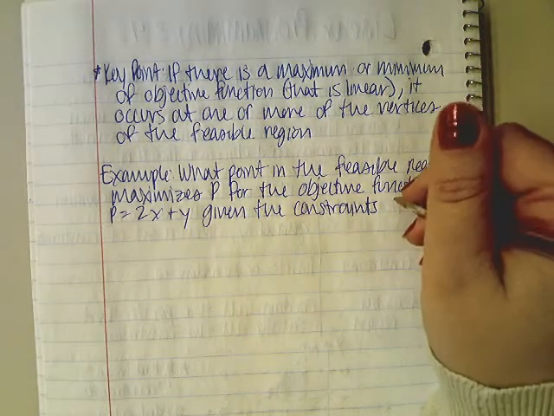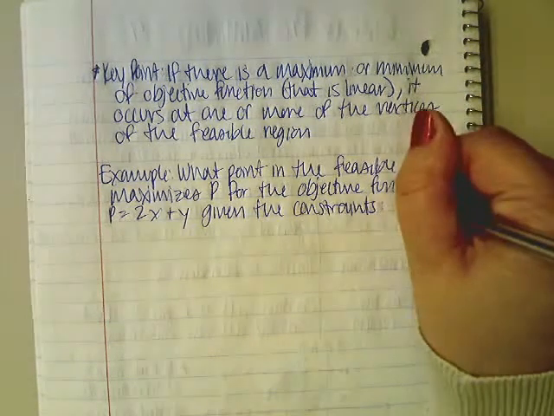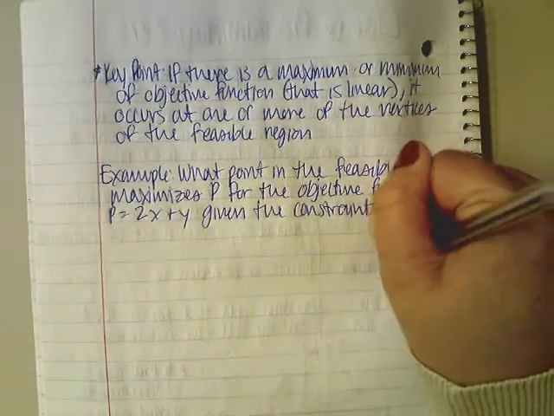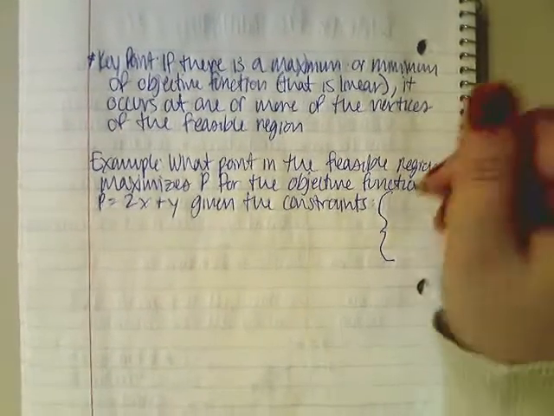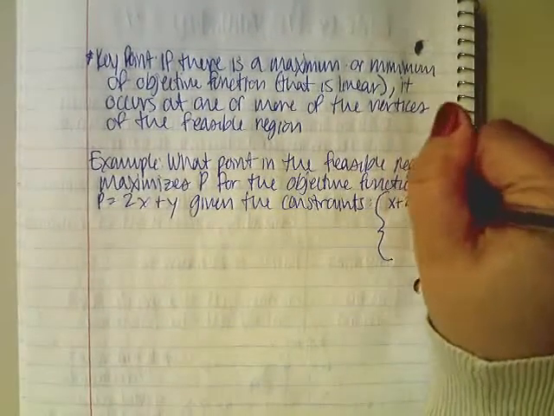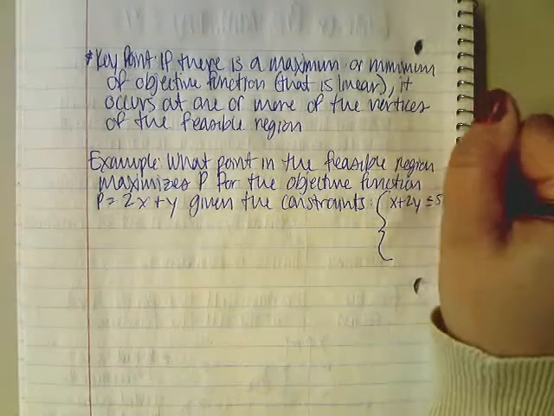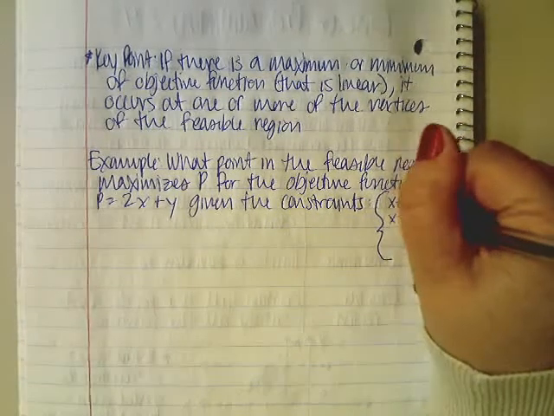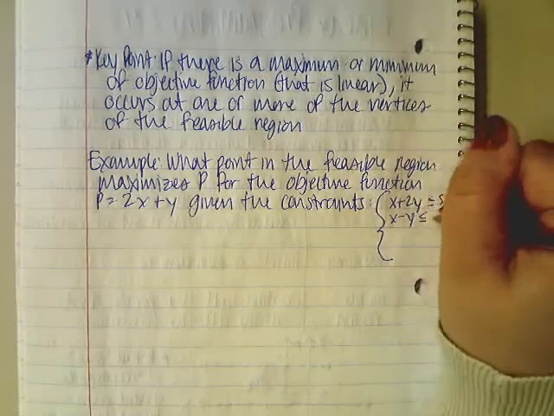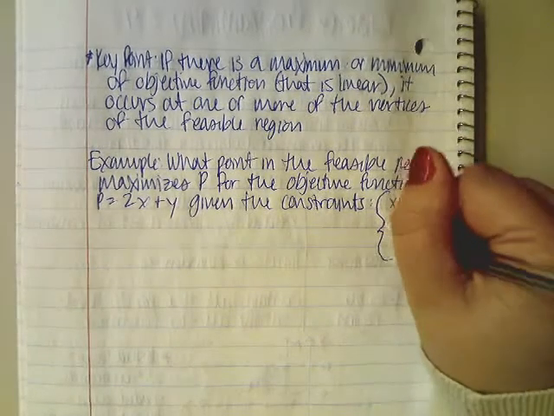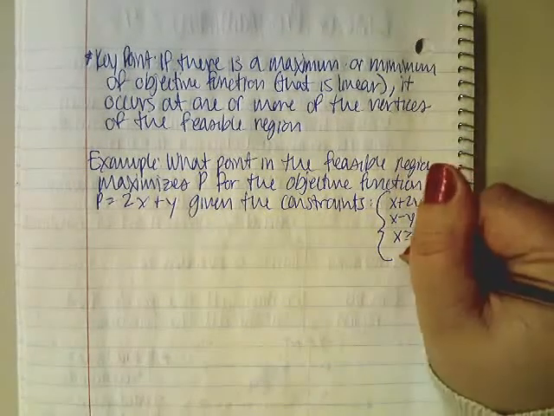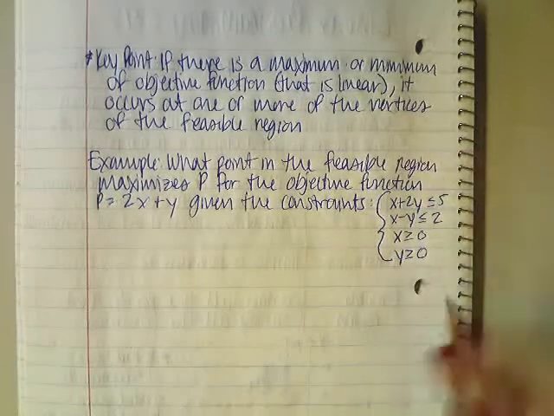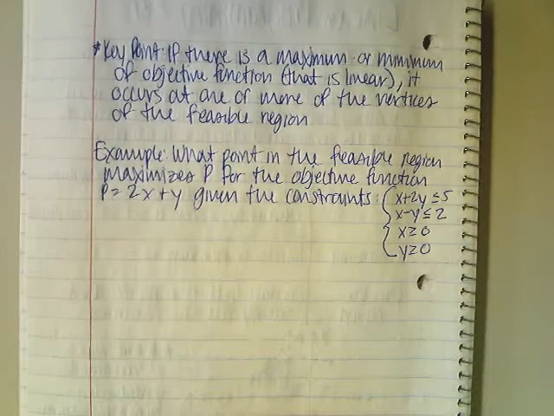I will write them all right here. I have x plus 2y is less than or equal to 5. I have x minus y is less than or equal to 2. x is greater than or equal to 0, and y is greater than or equal to 0. So these are my 4 constraints.